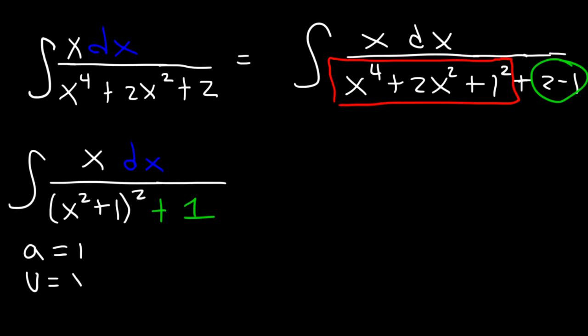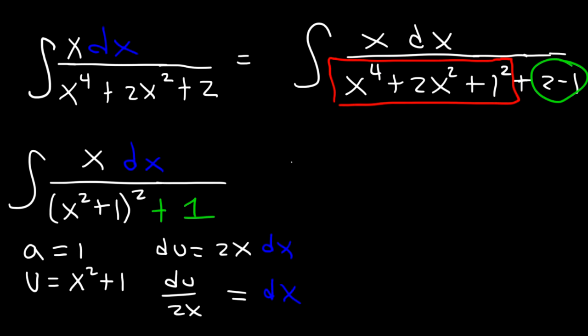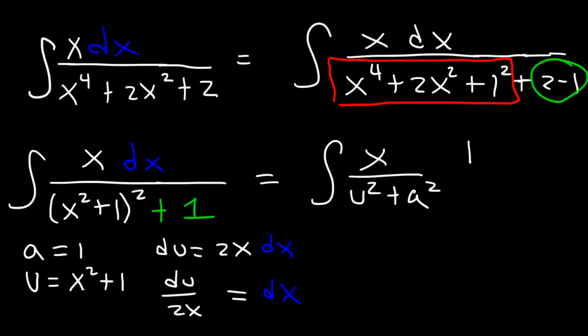U is going to be x squared plus 1, which means that du is 2x dx. And in this problem, we need to solve for dx, which is going to be du divided by 2x. So we have x on top, u squared plus a squared, and then dx is du over 2x. So now let's cancel x, and let's take the 2, and we're going to move it to the front.